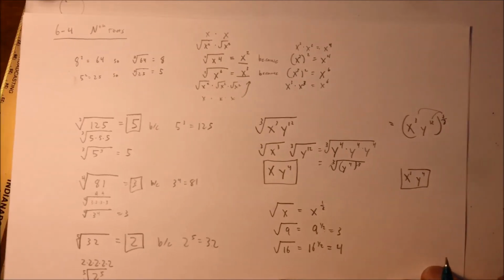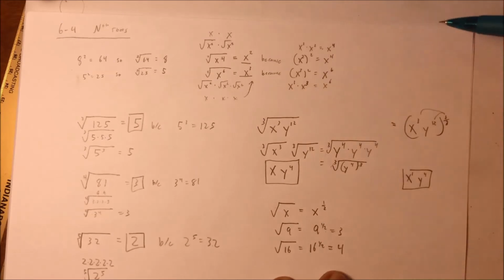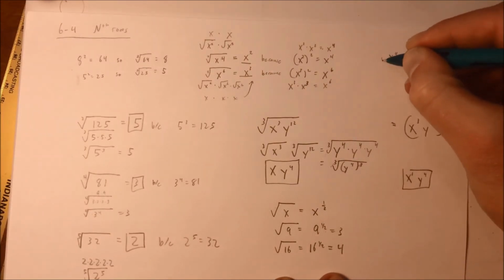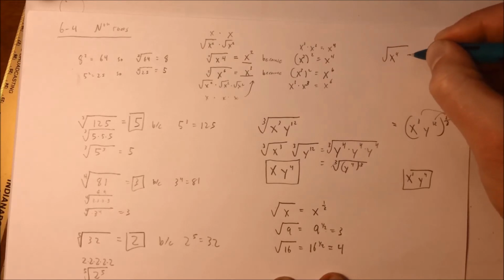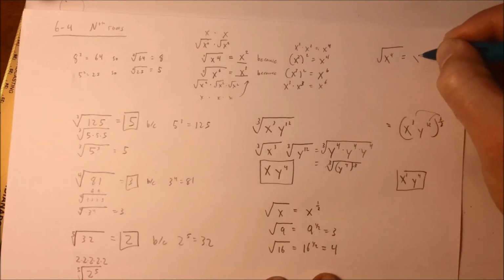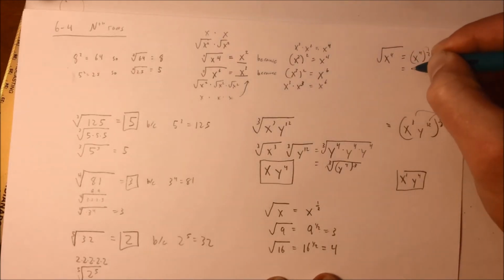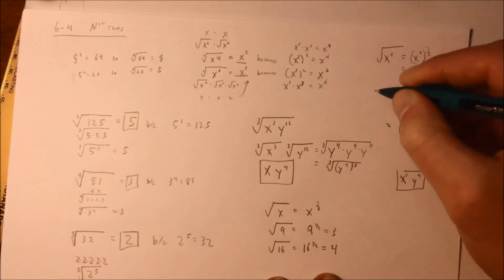If I came back up here and did the same thing, x to the 4th, had to take the square root of this, I could rewrite this as x to the 4th, all raised to the 1/2. And if I multiply those, 4 times 1/2 is going to give me x squared.